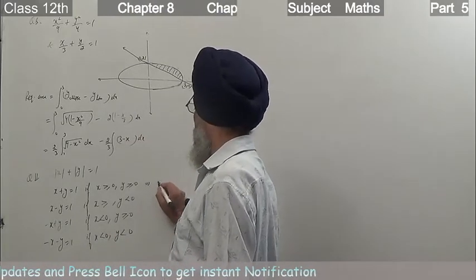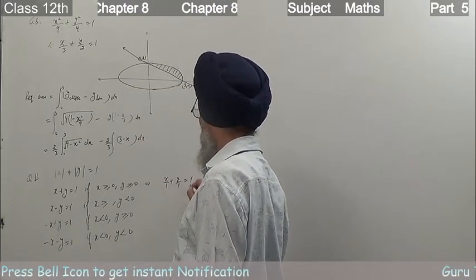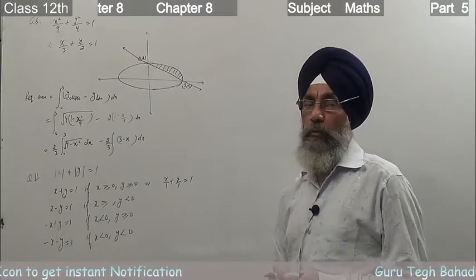So it can be written as x upon 1 plus y upon 1 is equal to 1. That is the intercept form of the line, x upon a plus y upon b is equal to 1.